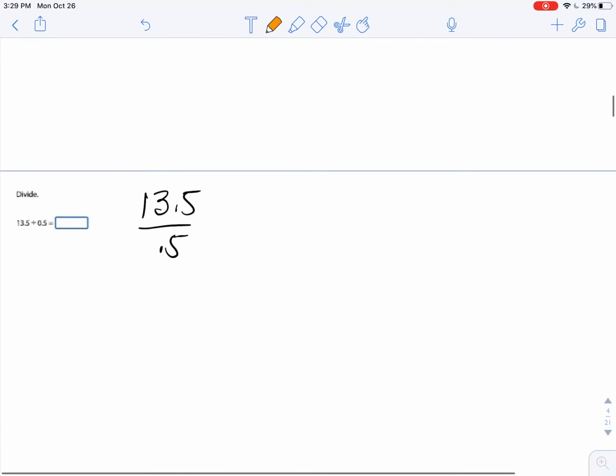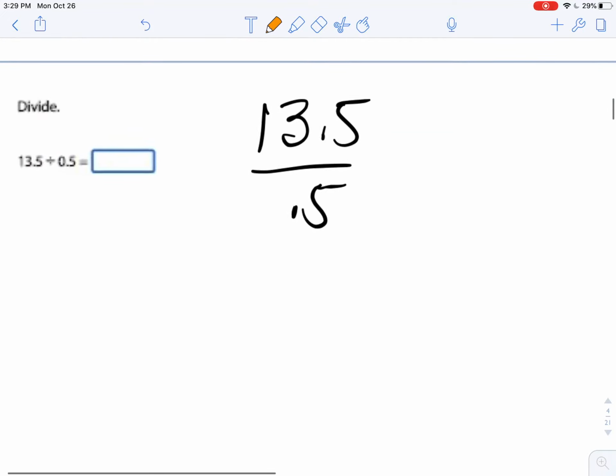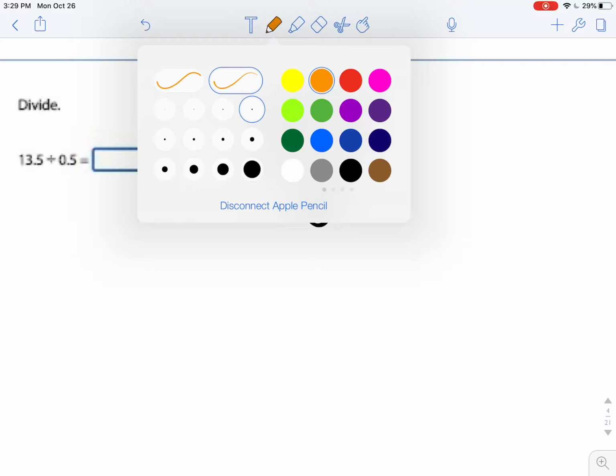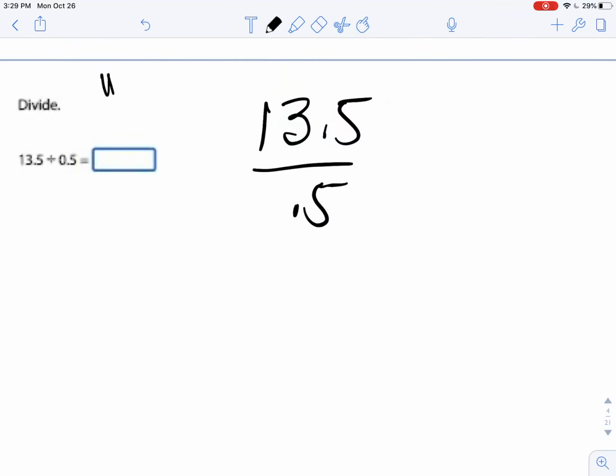Next problem is number 3 in Go Math. This was number 3, I believe. Okay, what are we going to do? Times 10, times 10.